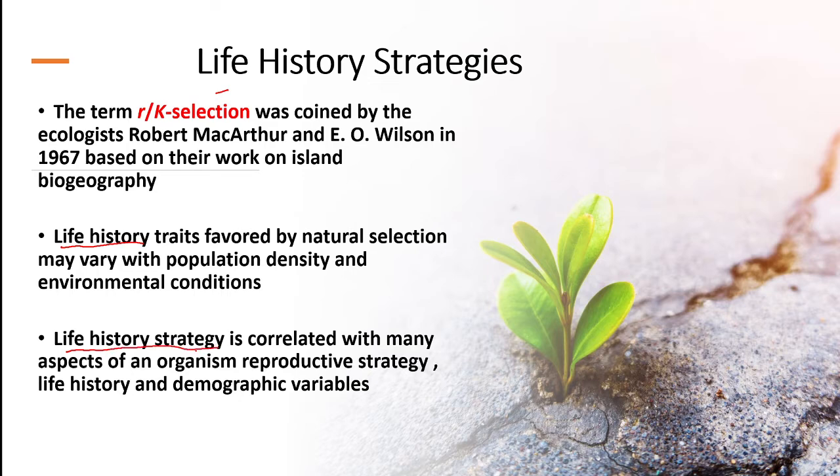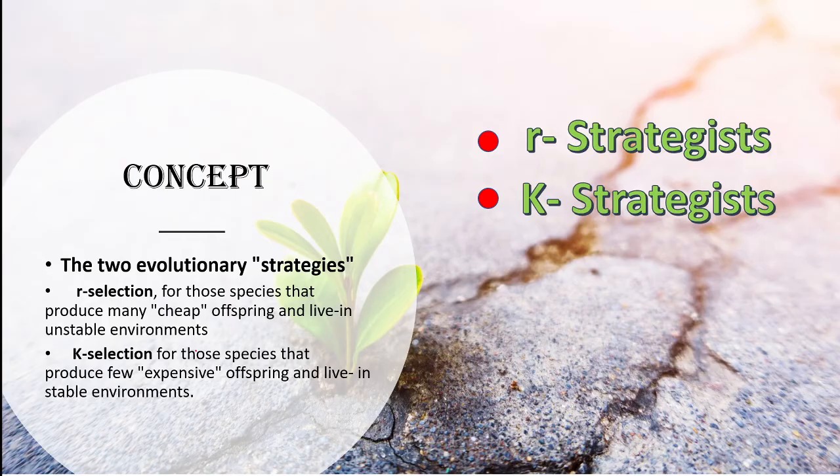Life history strategy traits include factors such as number, size and sex ratio of offspring, timing of reproduction, age and size at maturity, growth pattern, and longevity. Whatever energy is available should be properly allocated between survival, growth and reproduction, and thus the trade-offs are inevitable.